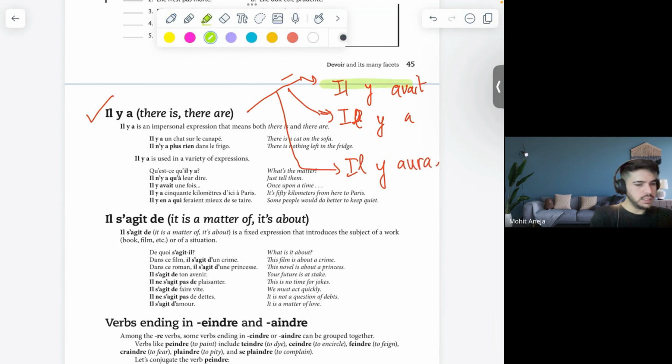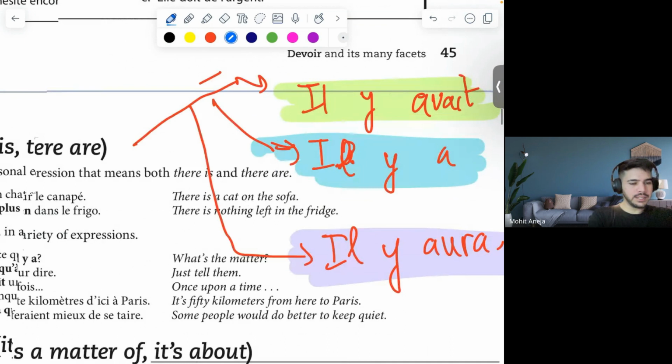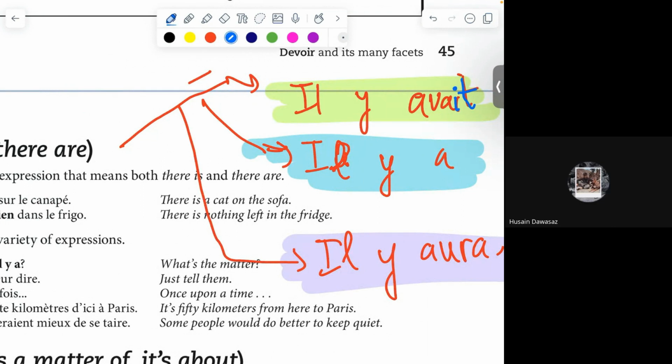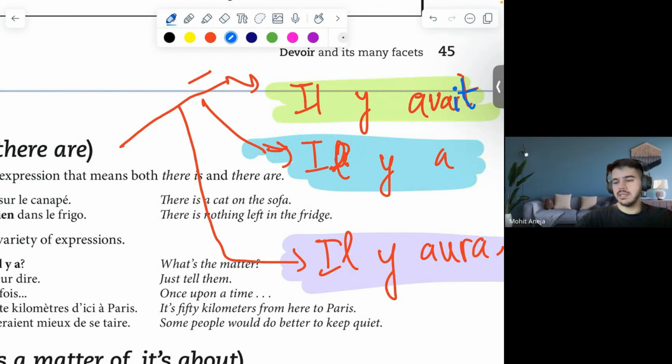That means just highlight these in different colors. So the first one that I've written, can someone read it out? Il y avait, sorry for the bad handwriting, but it's Il y avait. Yes, can you say that out loud again?